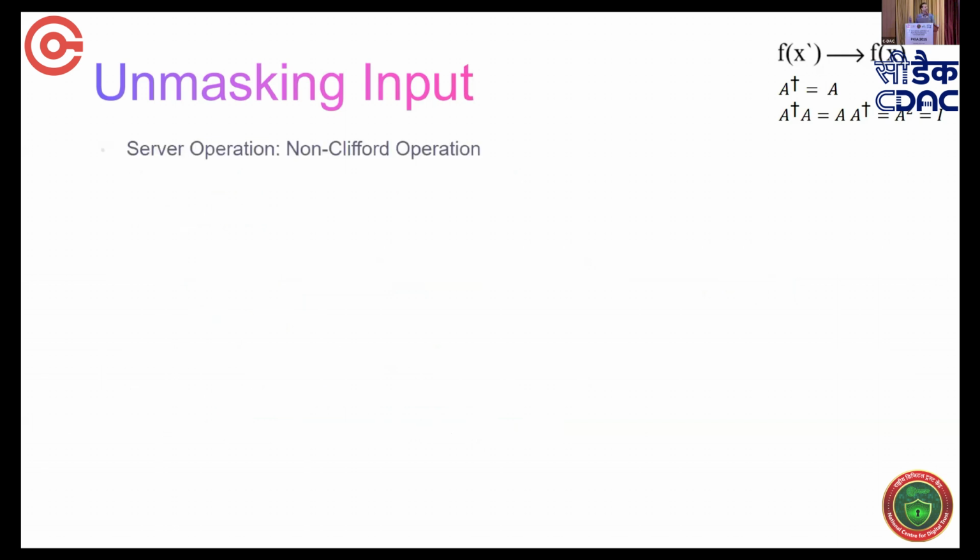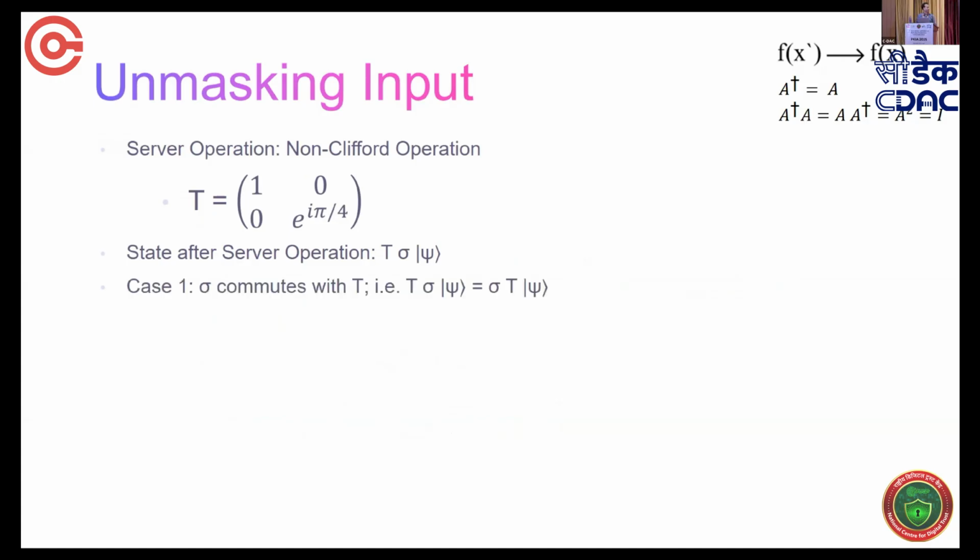Now we'll consider another case where the server operation is not a Clifford operation. In that case, I will take a specific example of the phase operator T. After my server operation, it will become T into sigma ket psi. Now there are two possibilities: either my T operator commutes with sigma or it doesn't commute.